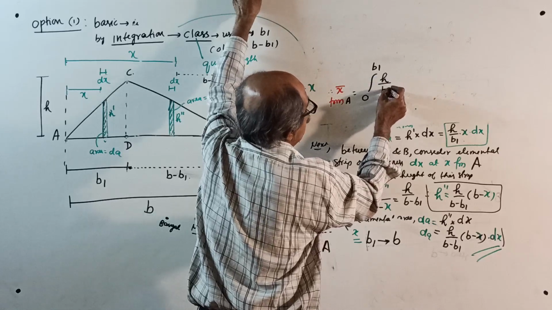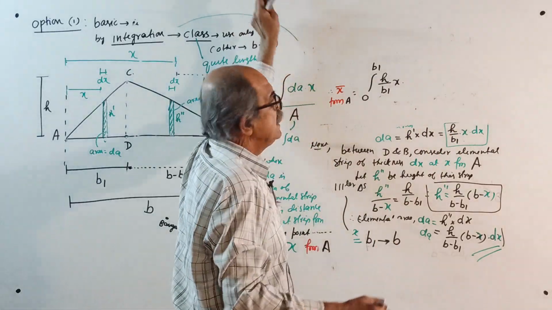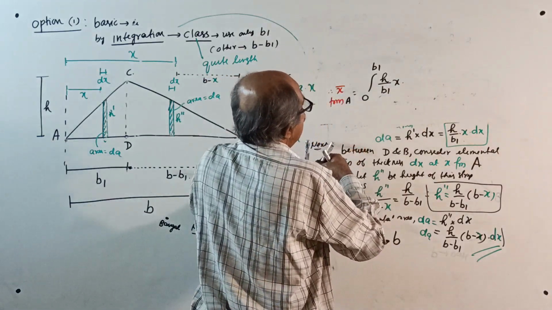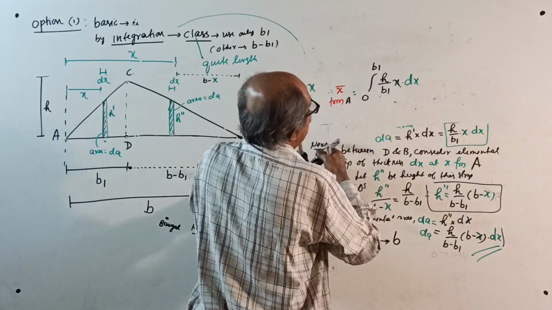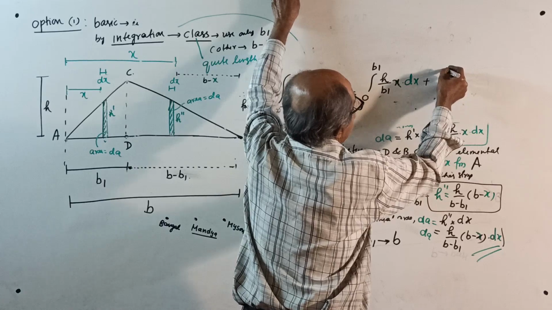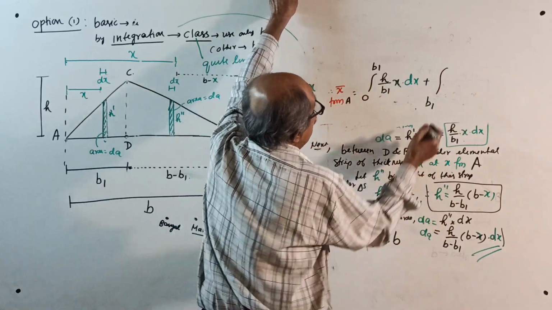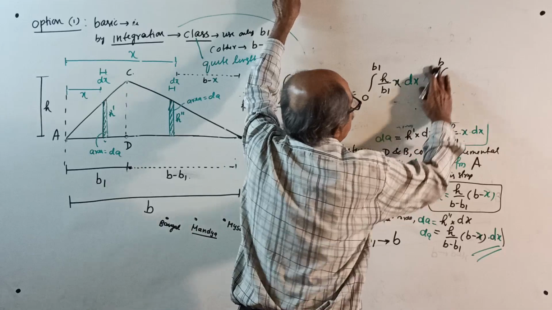H by B1 into x into dx. Yesterday by mistake in one place I wrote dA; it should be dx, in green color. x is the variable, into dx, plus integration B1 to B of the second area, sorry, I forgot.